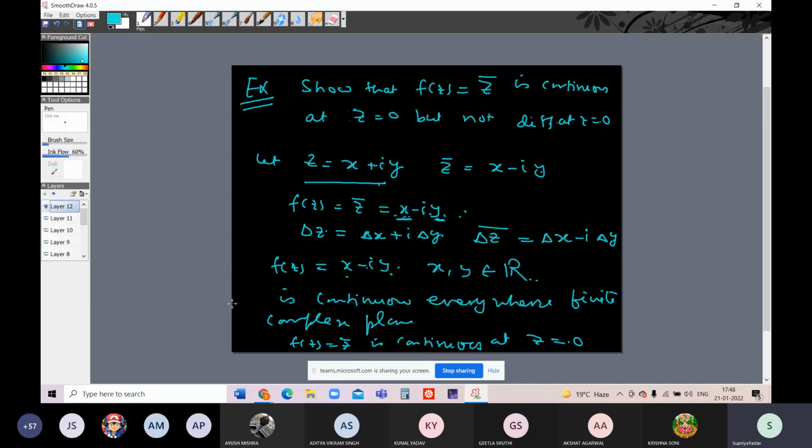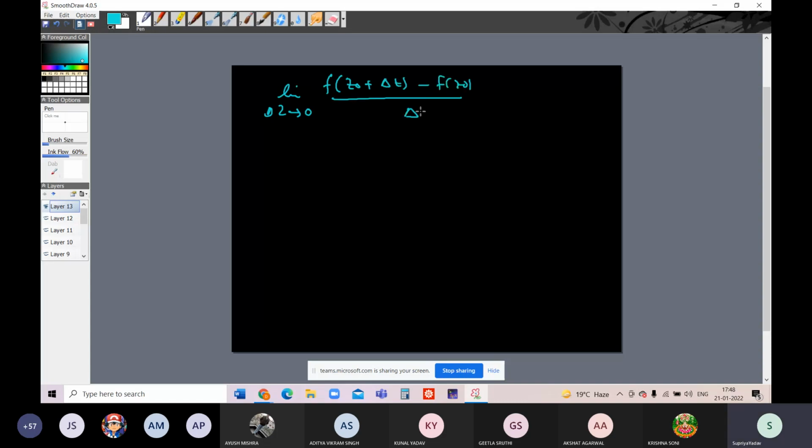Now we will discuss its differentiability at this point z equal to 0. The limit as delta z approaches 0 of [f(z0 plus delta z) minus f(z0)] divided by delta z, if this limit exists, then we can say that the function is differentiable at this point.